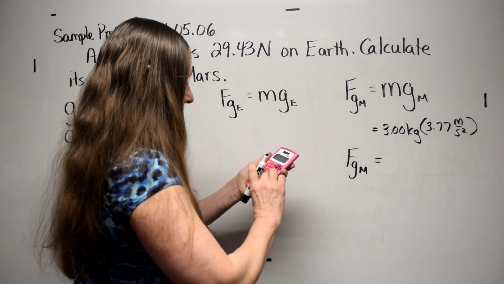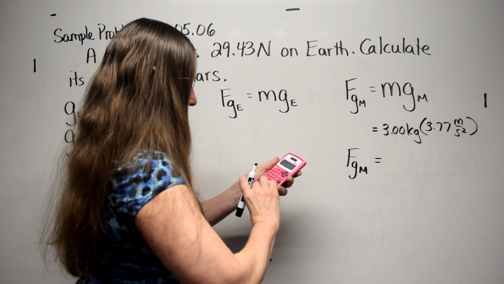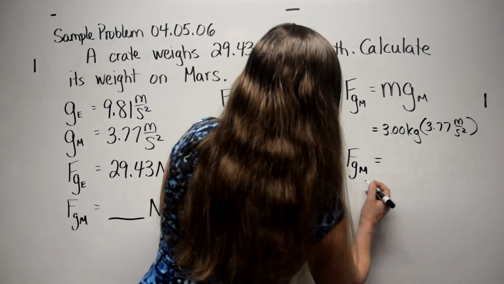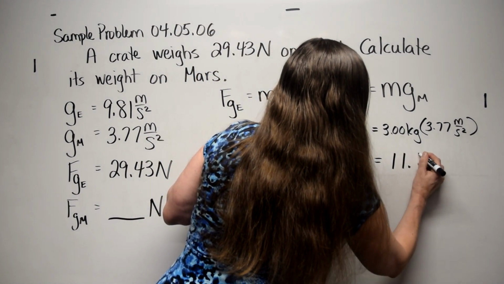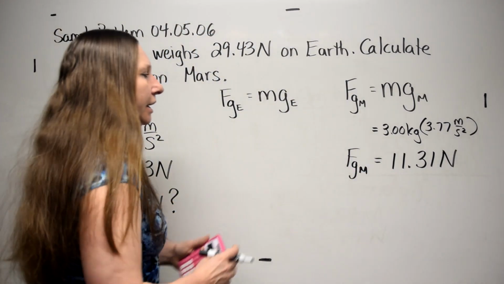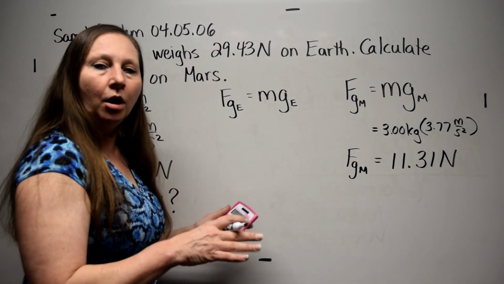So 3 times 3.77, okay, 11.31. So 11.31 newtons, all right, is the weight of this crate on Mars.